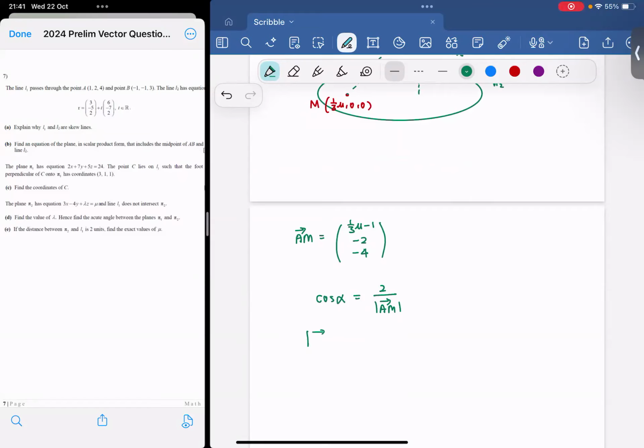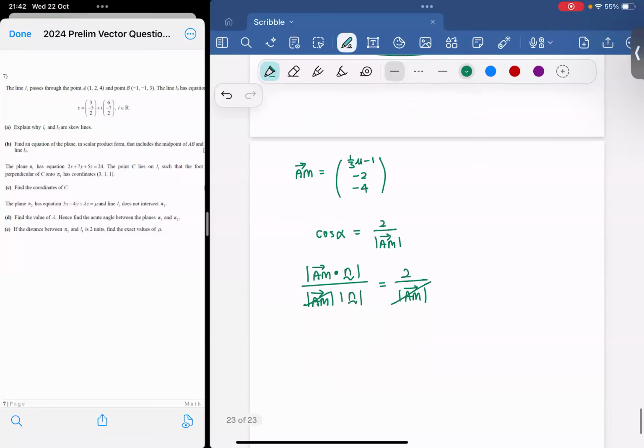Cosine alpha is actually AM dot the normal vector over the length of AM times the length of the normal vector. Okay, so the length of AM will cancel. Then we will have (1/3 mu minus 1, -2, -4) dot the normal vector (3, -4, 6) over square root of 9 plus 16 plus 36 equals 2.